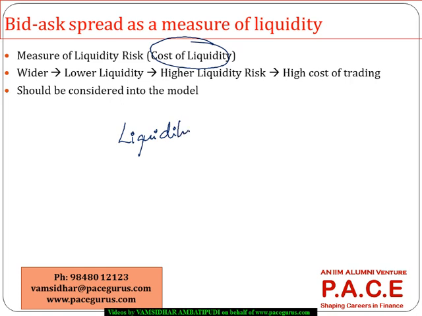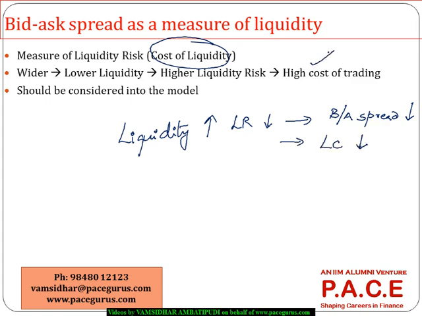If the liquidity is higher, liquidity risk is lower, the bid ask spread will be lower. A straightforward relationship means the liquidity costs are lower. Otherwise, it is the other way.